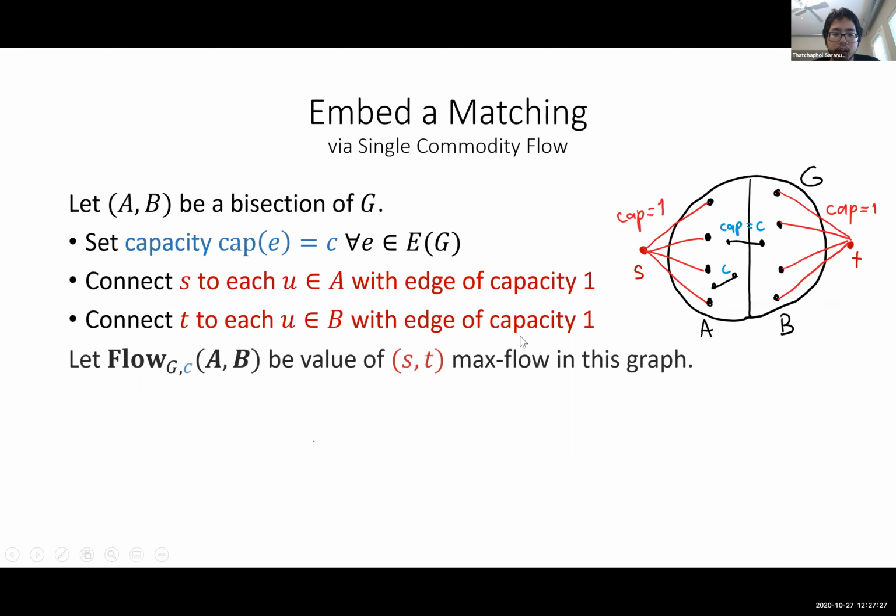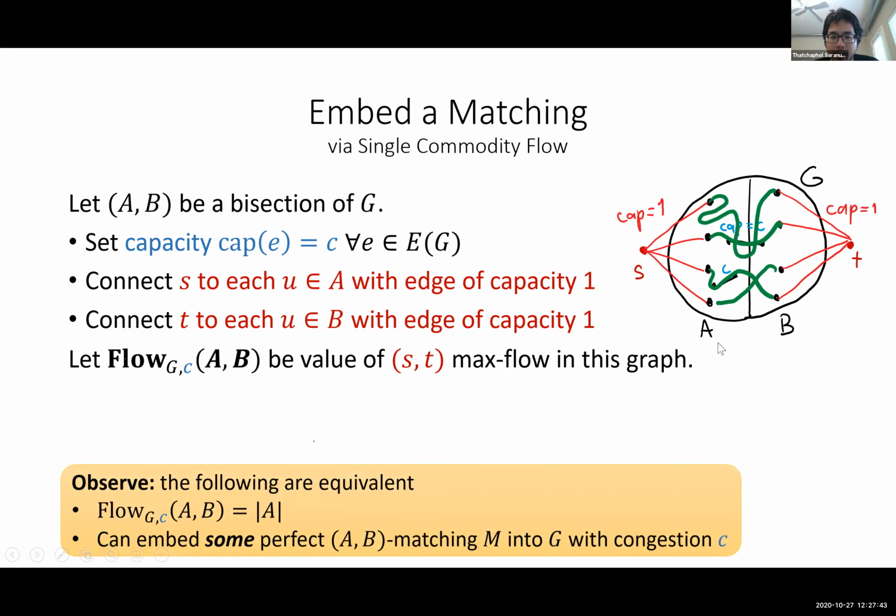Now, consider the value of the ST max flow in this graph, and I denote this by flow from A to B. Observe the following.